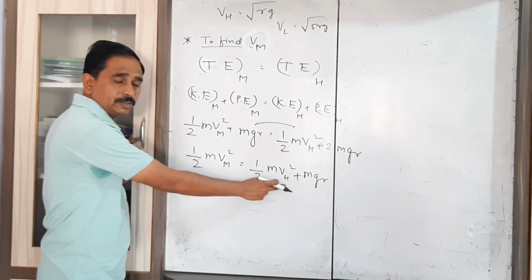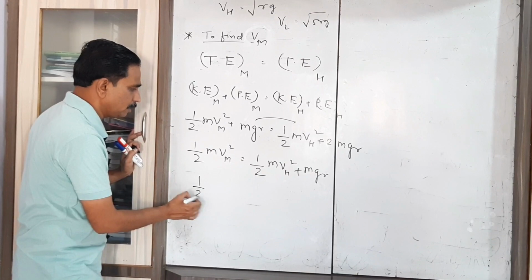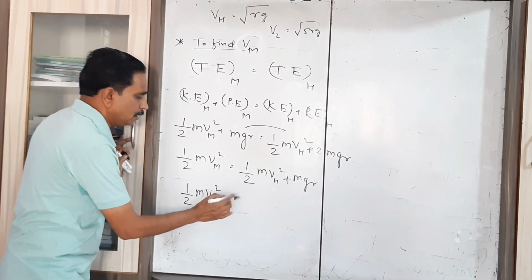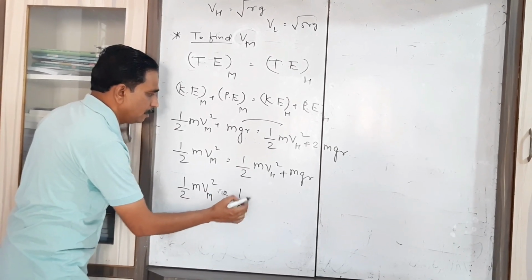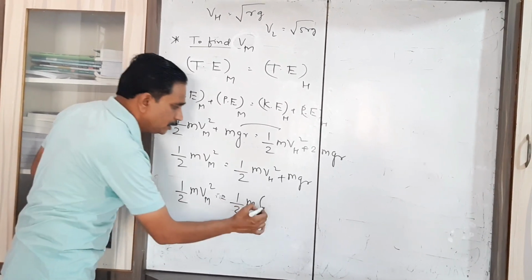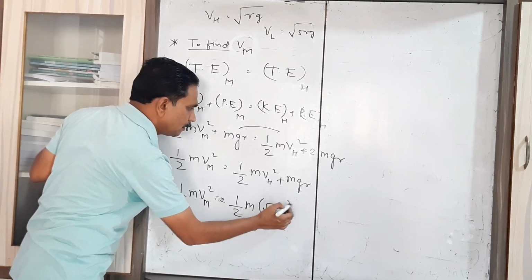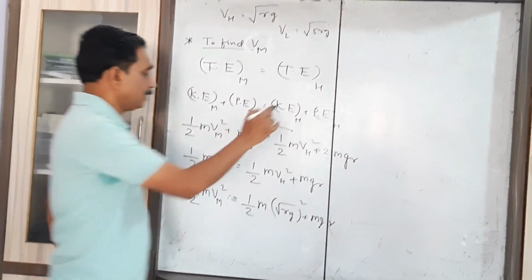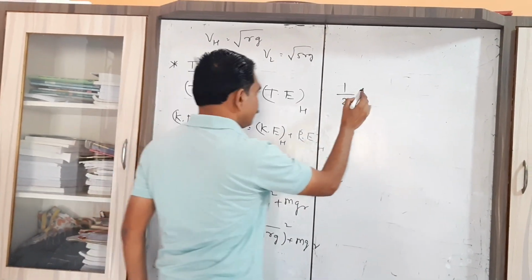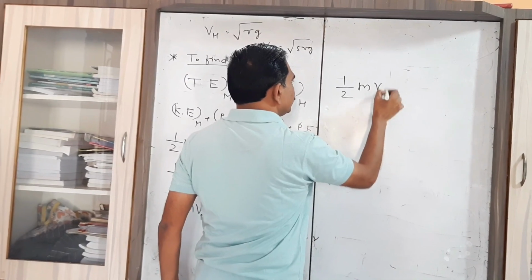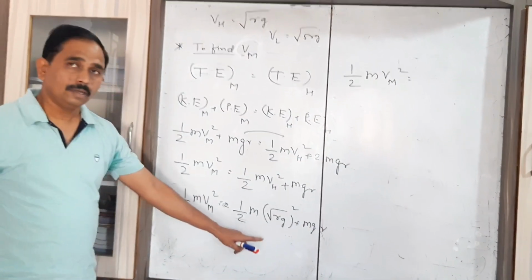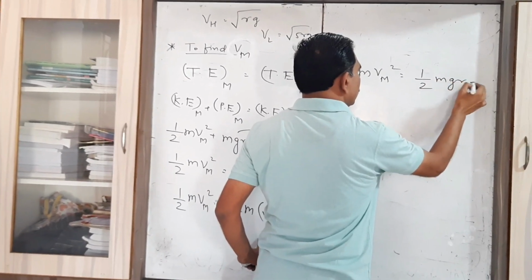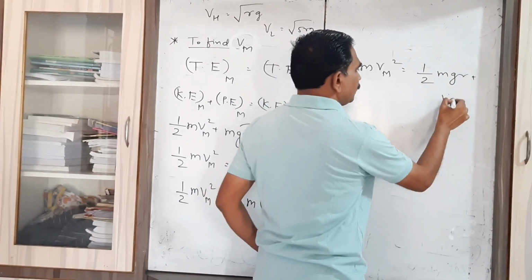Now put the value of velocity at the highest position. Half m vm square equals half m, the value of vh as under root of rg, squared, plus mgr. Now simplify it: half m vm square equals half mgr plus simply mgr.